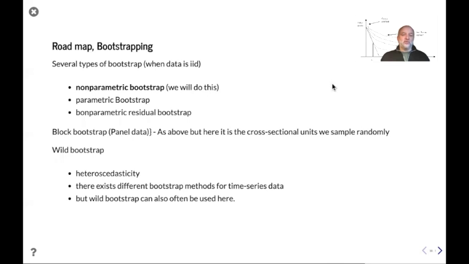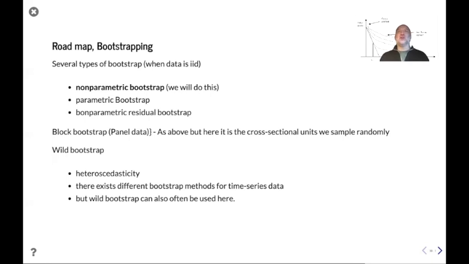I'm going to focus on this one, where you just draw from the sample and estimate the model. With the parametric one, you would impose some of the parametric restrictions from the model, so you would use the model structure more to generate your bootstrap samples.